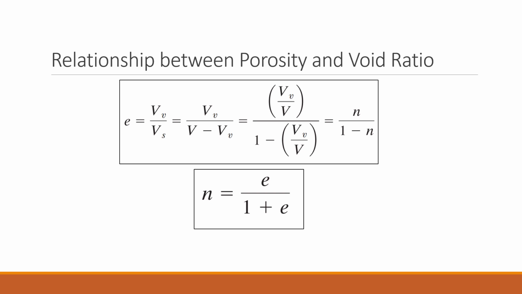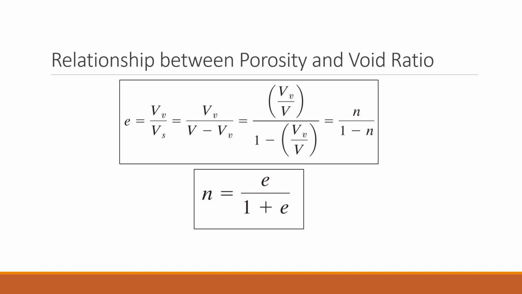Starting off with the formula of our void ratio, which is equal to the volume of voids over the volume of solids, wherein the volume of solids is equal to the volume total minus the volume of voids.